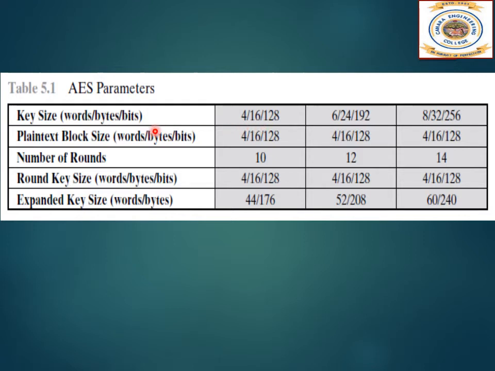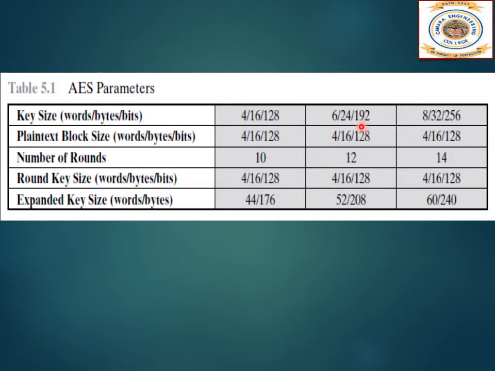Here if the key size is 128 bits, then the plain text block size is also 128 bits, the number of rounds is 10, the round key size is also 128 bits, and the expanded key size is 176 bytes, or 44 words. Next, again remember, one word is equal to 32 bits.